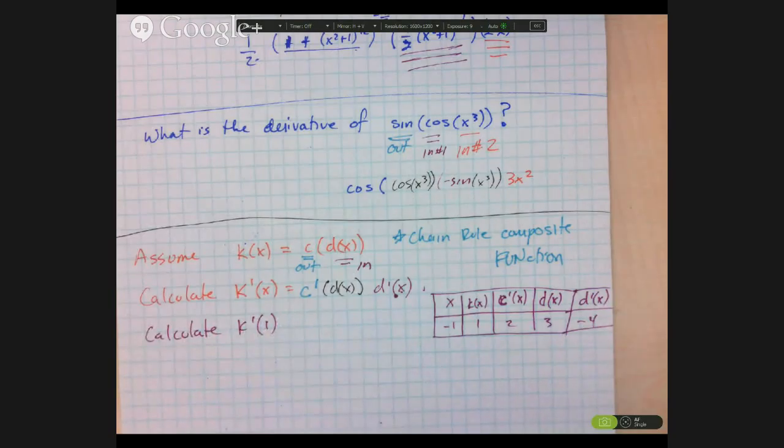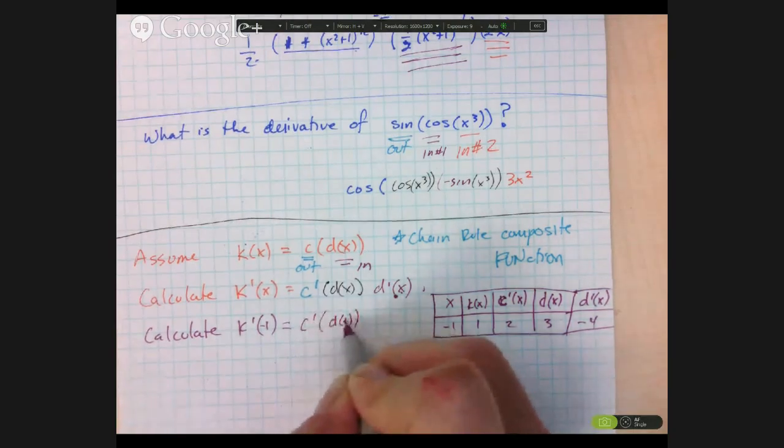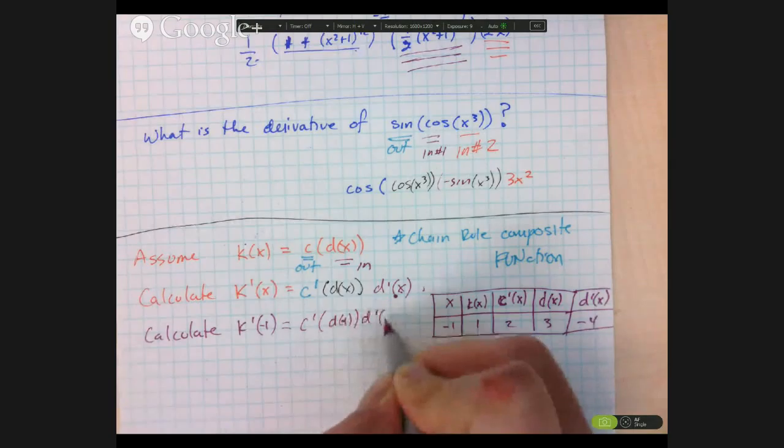So I've given you a table of values. Hopefully you can read it. It's kind of hard to read from here. And calculate K prime at -1, because x is -1 in that table. Okay. So we need C prime of D of -1, and D prime at -1.